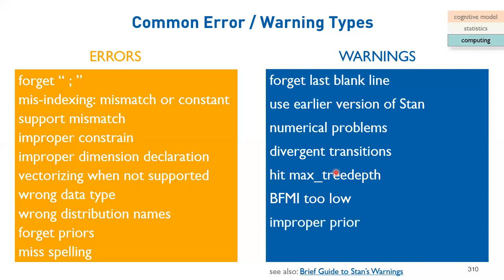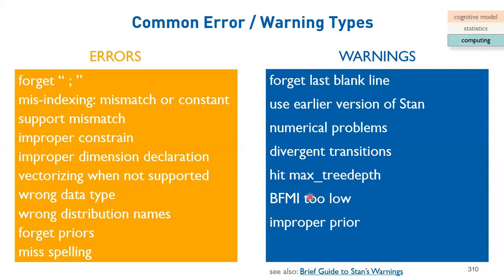And then the next one is improper prior. Okay, so these three: divergent transitions, maximum tree depth, and the Bayesian fraction of missing information being too low. How do you deal with that? All three of these are indications of optimization. If you see these three warning messages, you might have to go back to your model to see where it can be optimized.